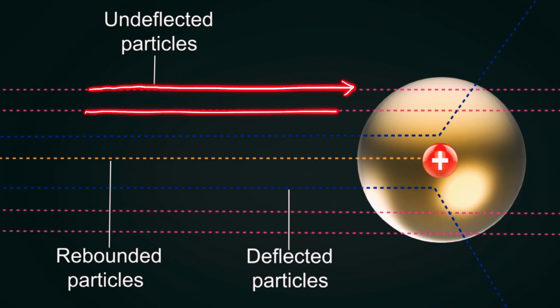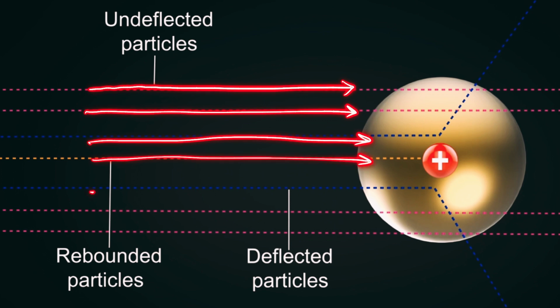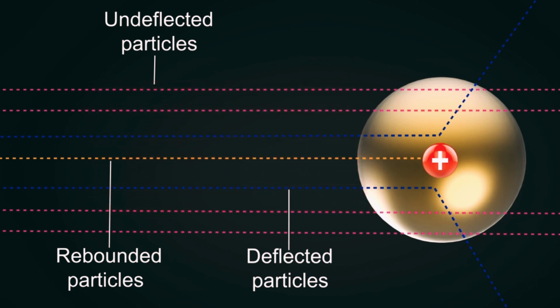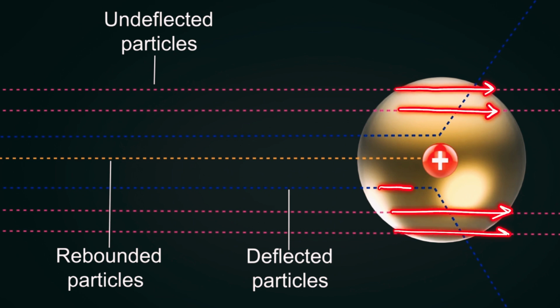Some of them were going like this, like this, and like this. Now the first observation was that the majority part of an atom is empty. The reason for that was that the majority of the alpha particles went straight. They showed no deflection at all, and they hit the screen at that point.